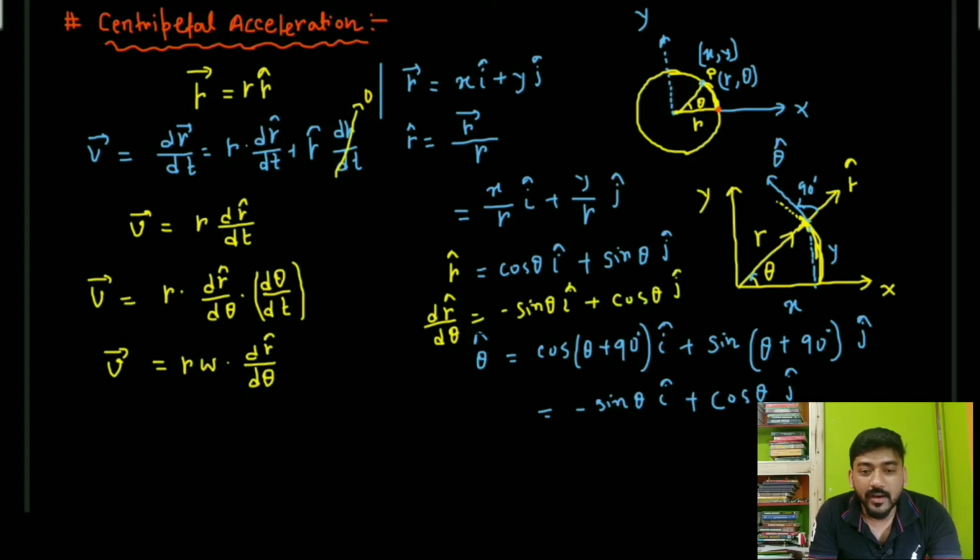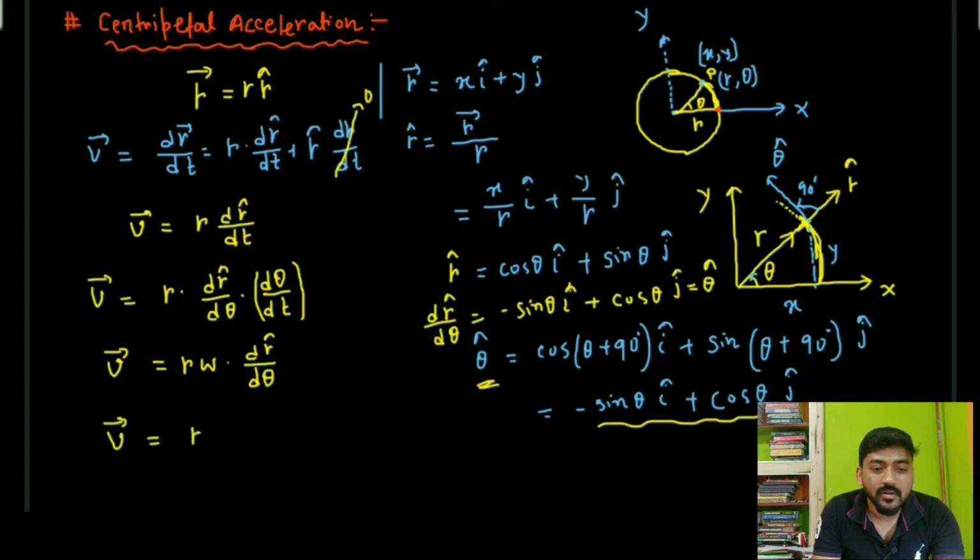Now you can see that dr cap by d theta is nothing but theta cap, because you have minus sin theta i cap plus cos theta j cap. So you will get v vector equal to r omega into theta cap.